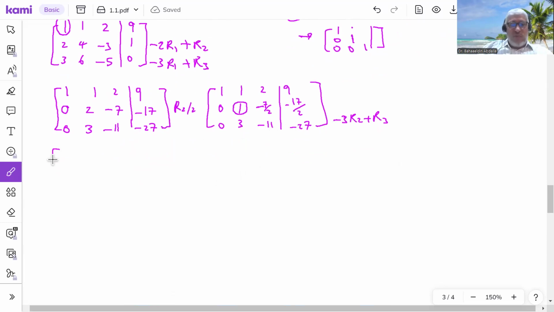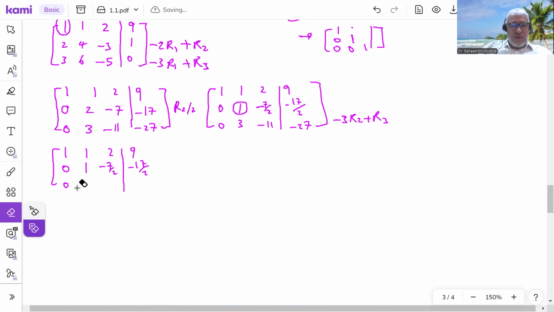So the new matrix would be 1, 1, 2, and 9. There is no change. And 0, 1, negative 7 over 2, negative 17 over 2. There is no change. And now I have 0. Negative 3 plus 3 would be 0. So this is 0. And negative 3 times negative 7 over 2 is 21 over 2.